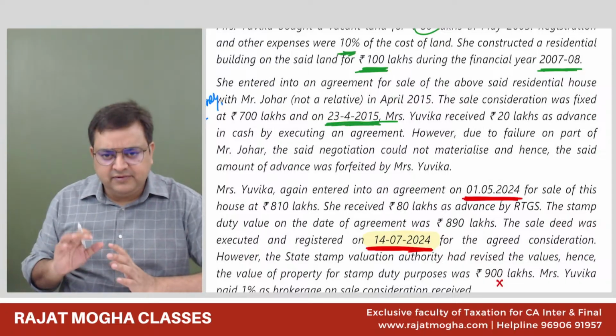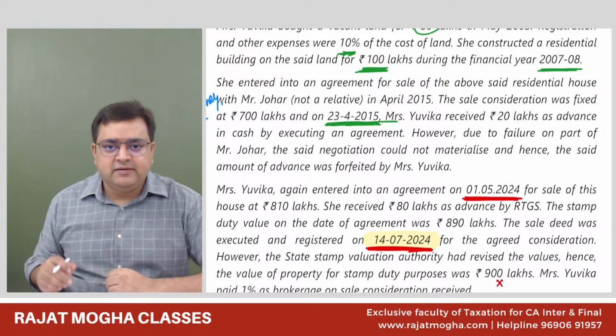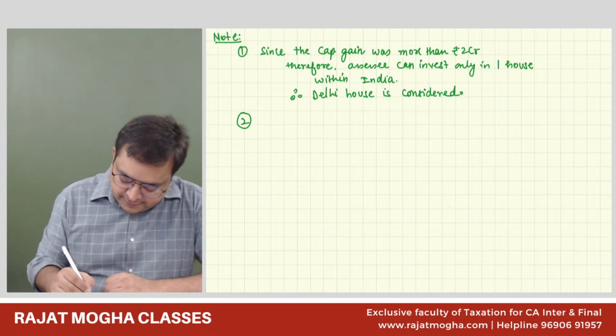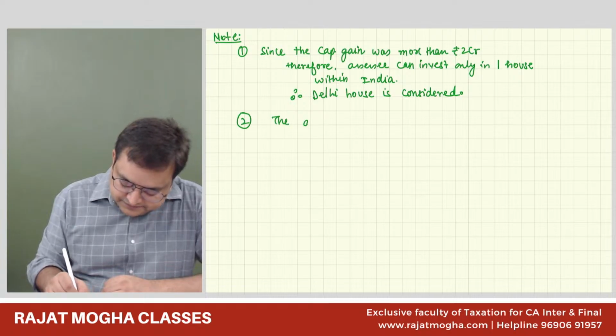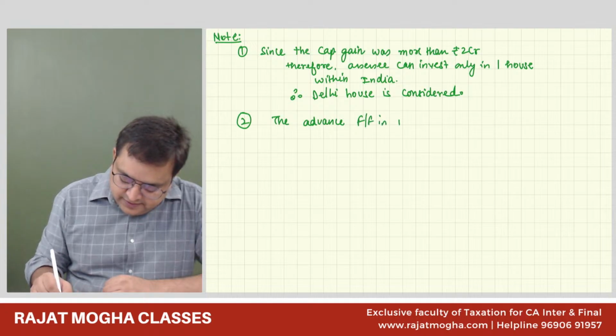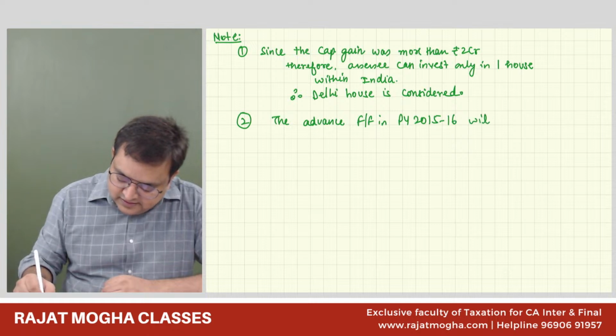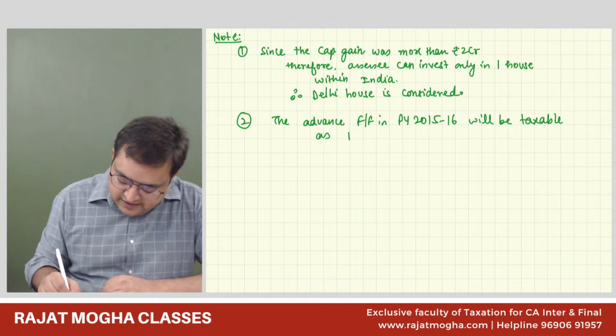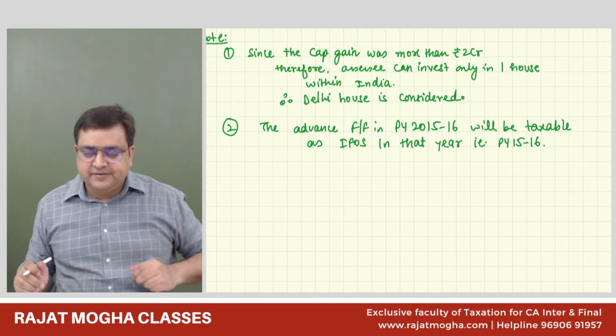So if we are not mentioning the date, at least the year we can mention: the advance money forfeited in previous year 2015-16 will be taxable as IFOS in that year. That is previous year 15-16 or assessment year 16-17.